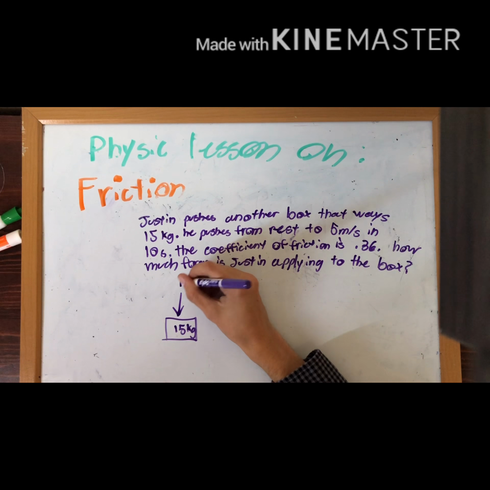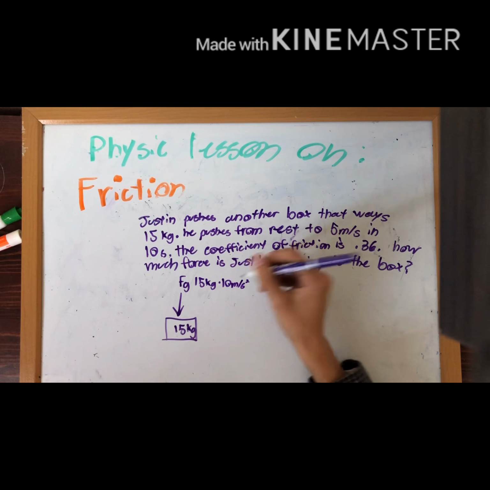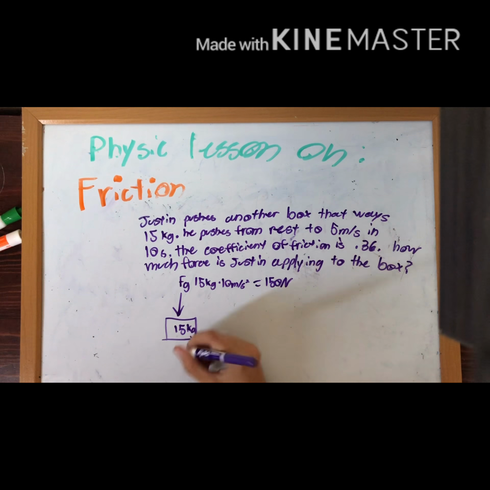Now the force of G equals 15 kilograms times 10 meters per second squared, using our F equals ma, and that is 150 newtons. And so if force G equals 150 newtons, then force norm also has to equal 150 newtons.